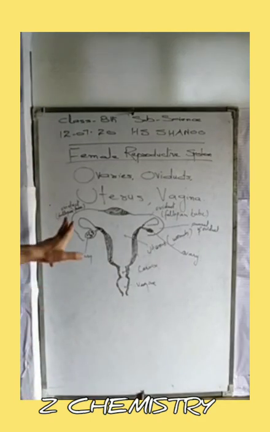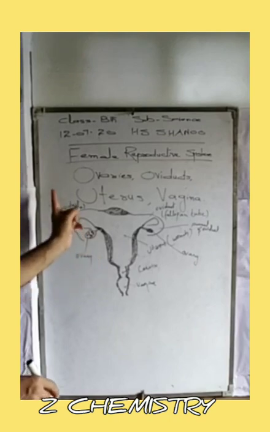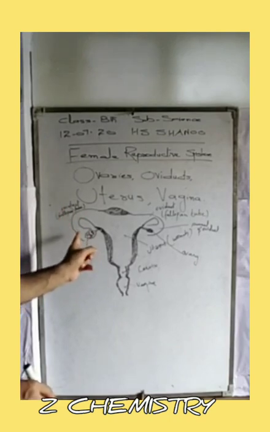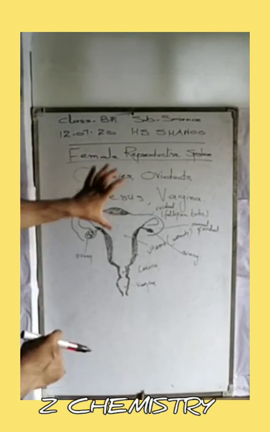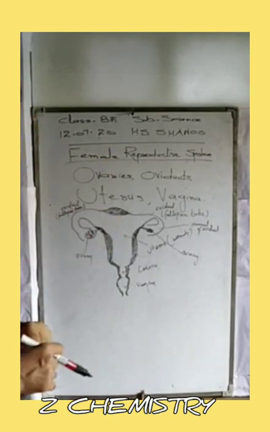Then there is a tube, a duct, through which these eggs or ova find their way and go into the uterus.